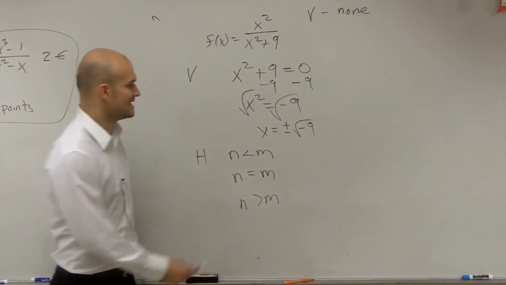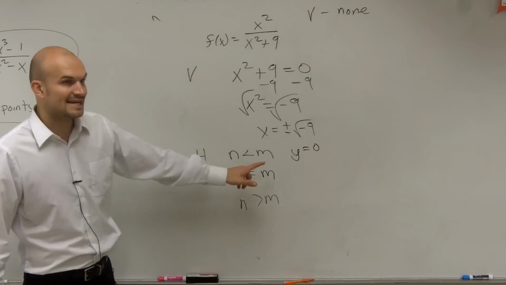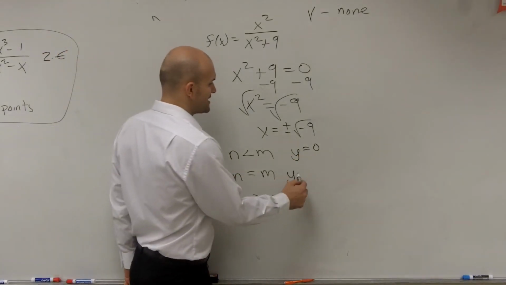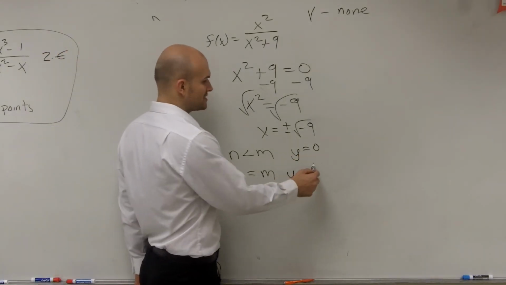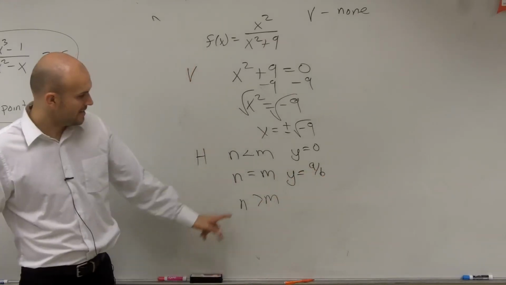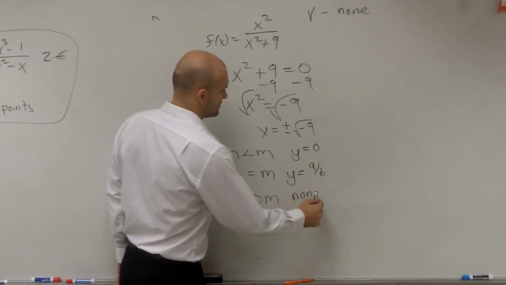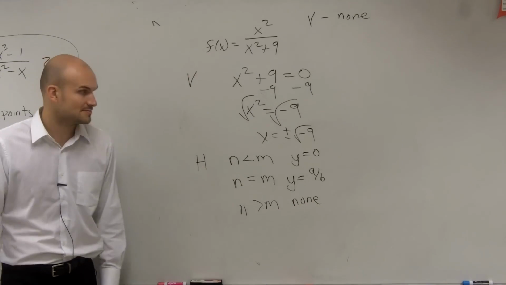So if n is less than m, we have a horizontal asymptote at y equals 0. If n is equal to m, we have a horizontal asymptote of the leading coefficient of the numerator divided by the leading coefficient of the denominator. And if n is greater than m, we do not have a horizontal asymptote.